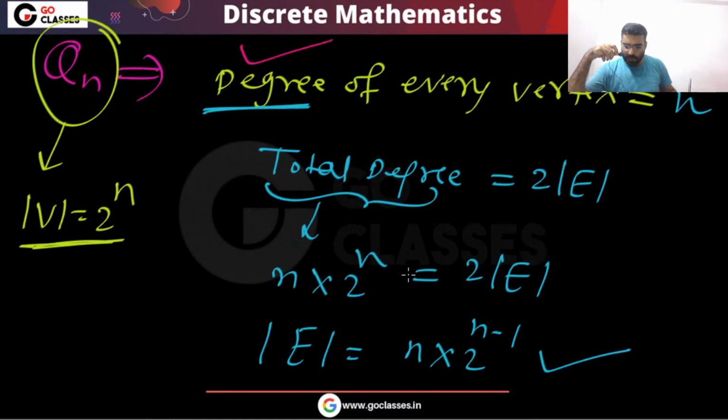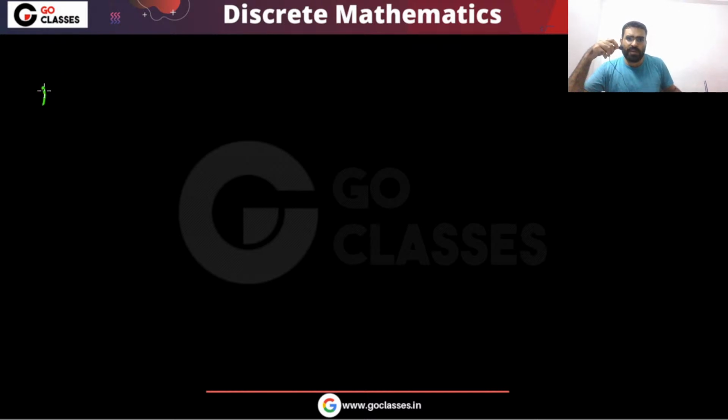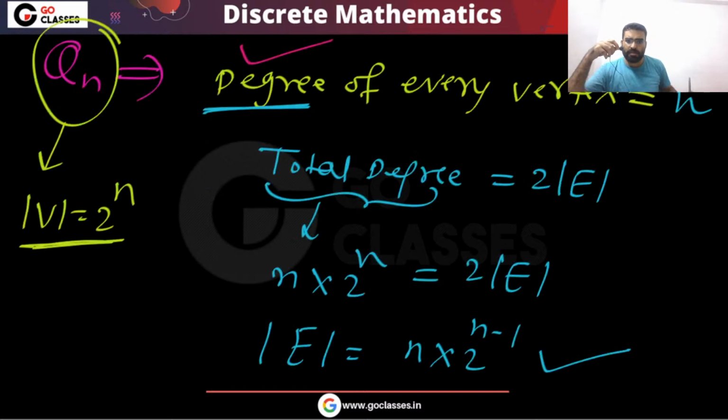Let me know, is this clear? Every edge will give you two ordered pairs in R. So finally, the cardinality of R will be n into 2 power n. The value of n is 7, as given in the question.